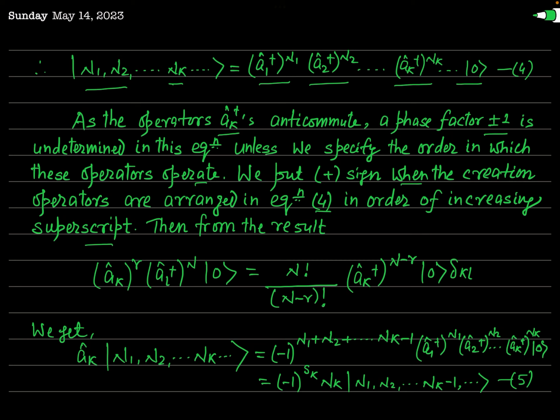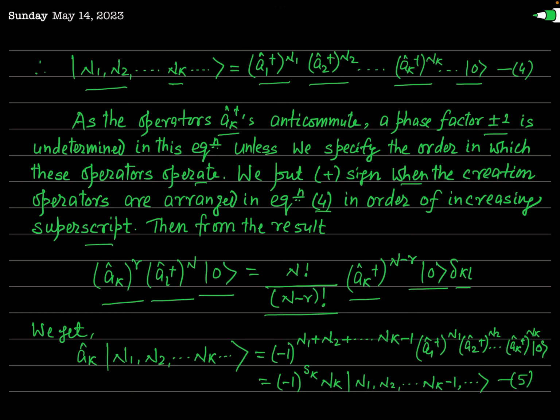You have seen that when we operate ak hat to the power r times al hat dagger to the power n on the ground state ket 0, the result is n factorial divided by n minus r factorial, ak hat dagger to the power n minus r, operated on this ket 0, delta kl.